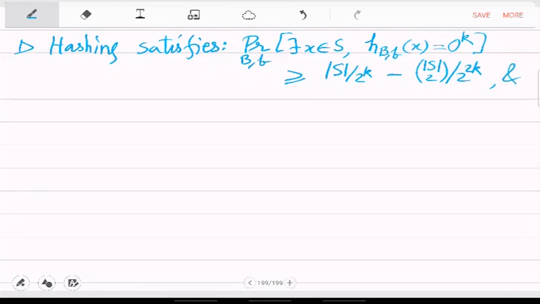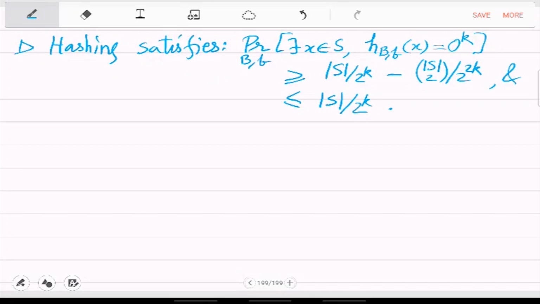And this probability is at most S by 2 raised to k. Okay, so these are the properties that we had shown. What is the chance that an element in S maps to 0? This single point in the image. Upper bound, this is upper bounded by S by 2 raised to k.